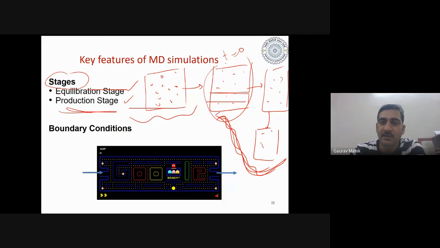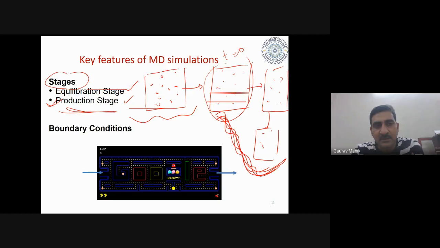Likewise, we average out several of these frames to get an average of the properties. So that's the production stage. Once you have equilibrated the system, you get several structures of the polymers, which are averaged.